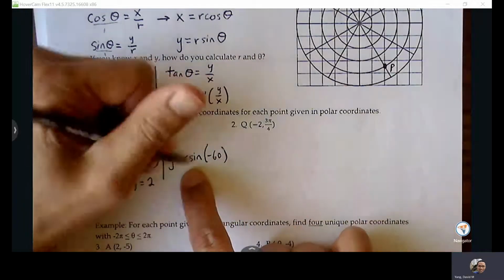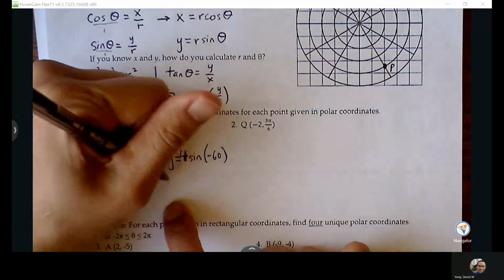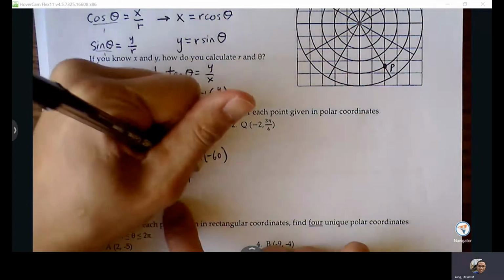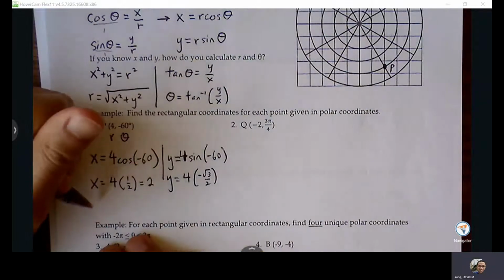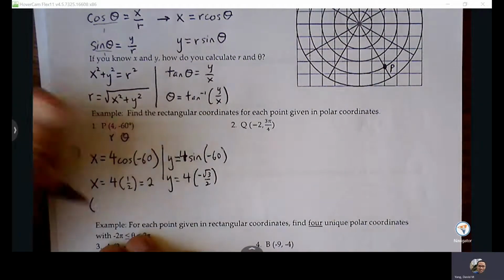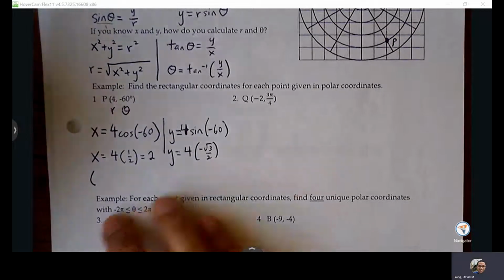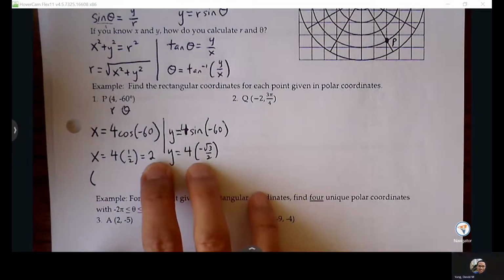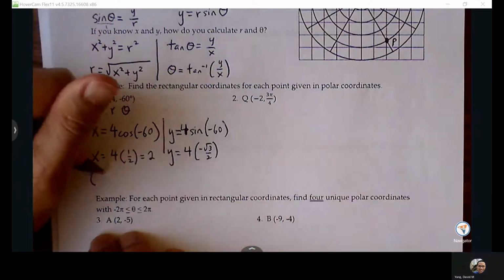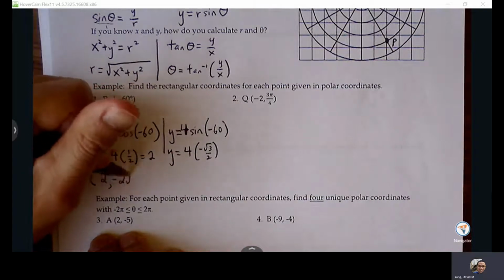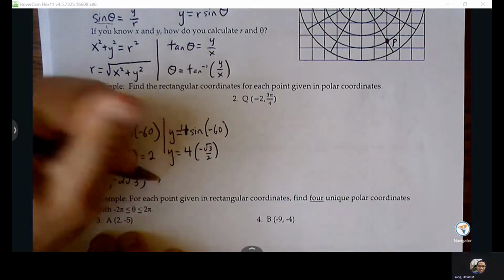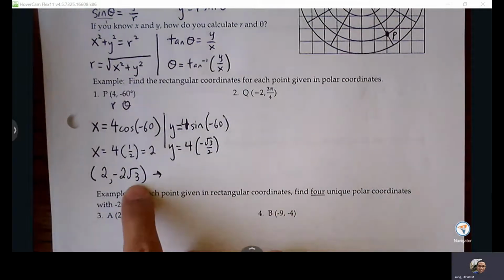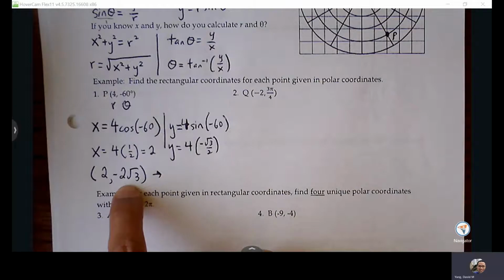Sorry, I should put a 4 there. So my ordered pair, rectangular coordinate, is 2, negative 2√3. And just for graphing purposes, if you plug this in the calculator, negative 2√3 gives you negative 3.46.